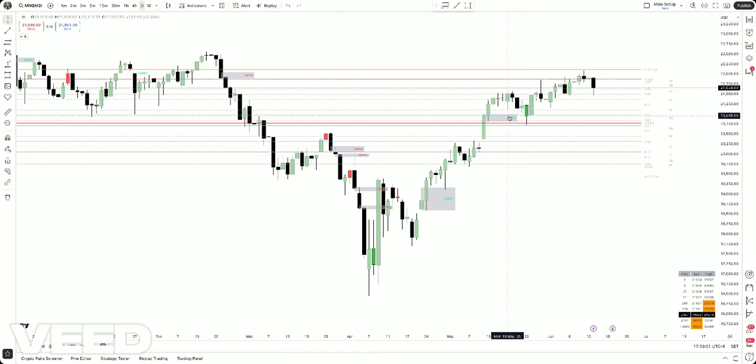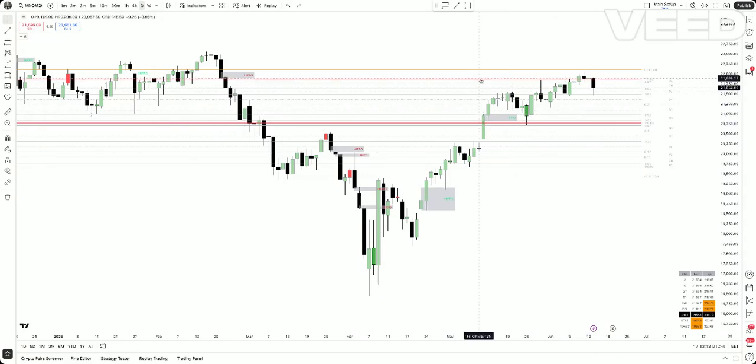The body's pretty nicely respected below the EQ, which is kind of discount, premium and discount. So we went into discount and expanded further away to the external range. We didn't hit it exactly.